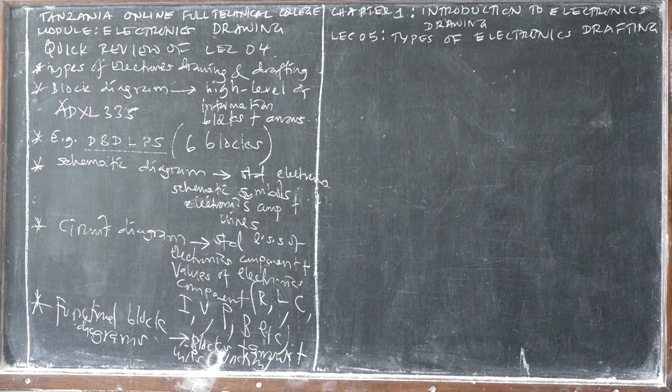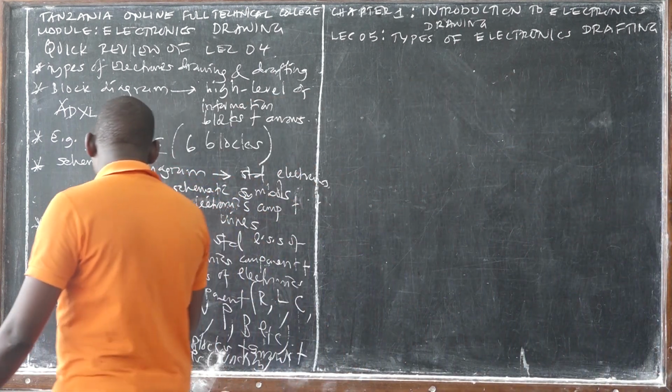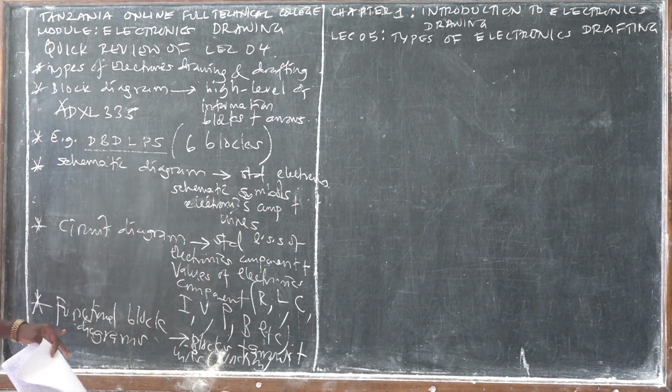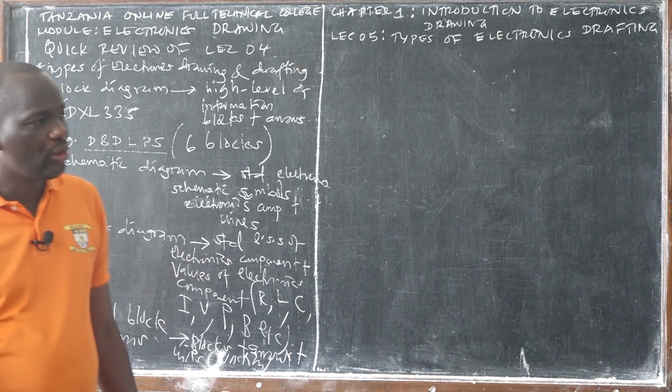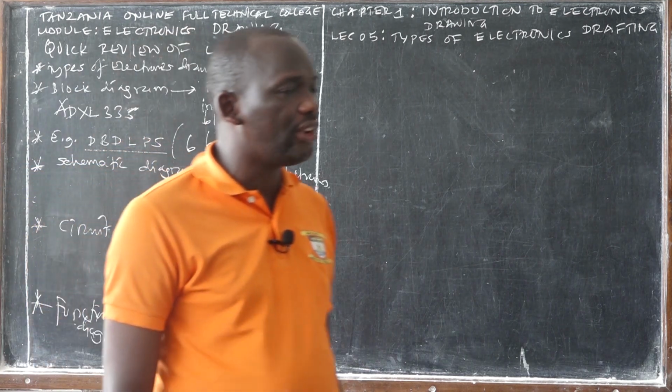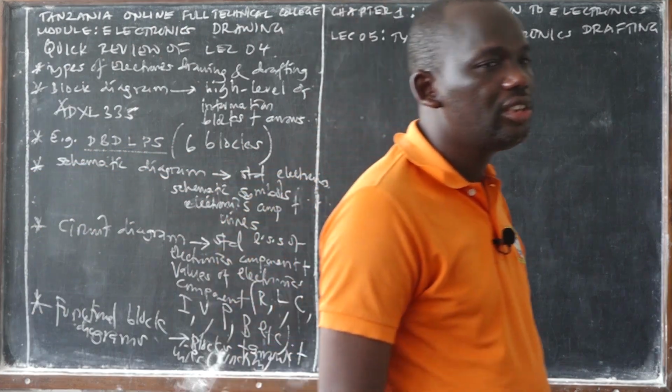Some students may confuse it, but this functional block diagram is always found in data sheets of electronics components. Some students may confuse it with the block diagram, but the functional block diagram is completely different from the block diagram.